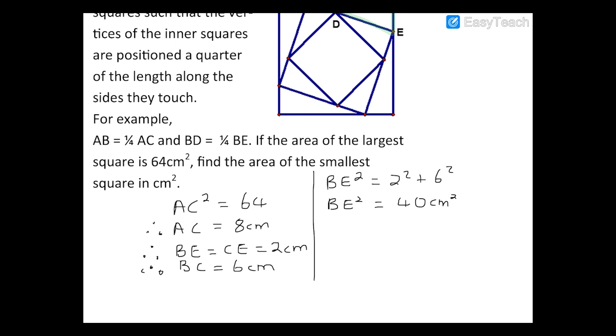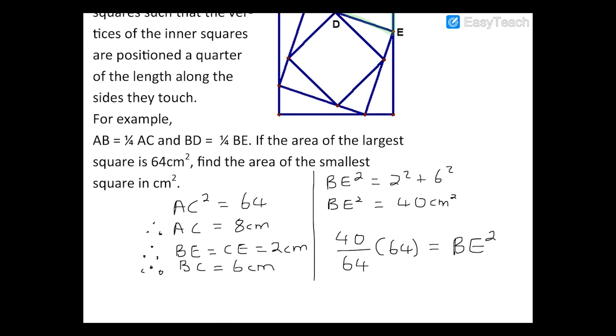That means we can say the ratio of proportion between the areas here is not 64 divided by, but 40 divided by 64. Because if we multiply this by 64, then we get the area of the second square.